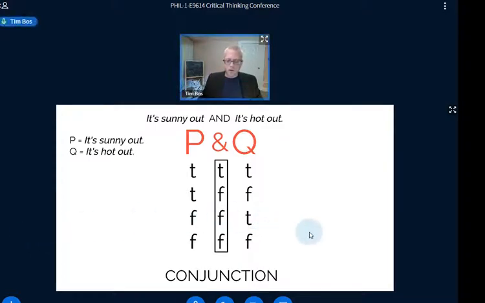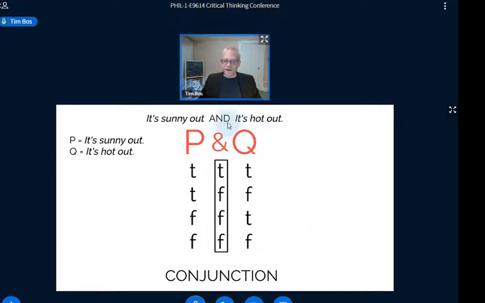Okay. So this is just supposed to show you the logic of and statements. Whenever you make an and statement, this truth table is just showing you that an and statement is only true if both of the conjuncts are true. You see that, right? Again, what's the truth value of the complex statements? Well, it depends on the truth value of the individual statements.